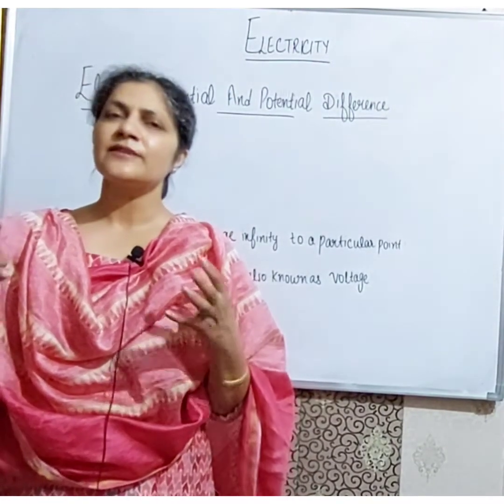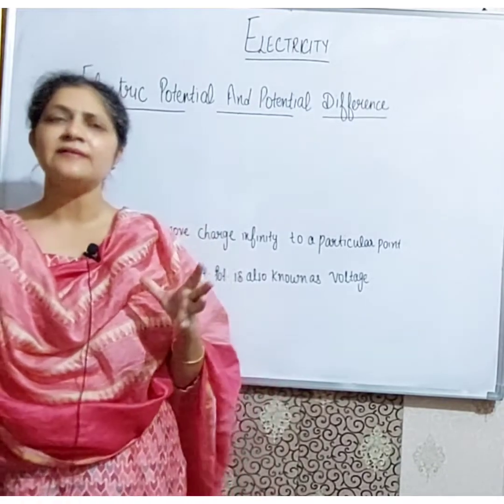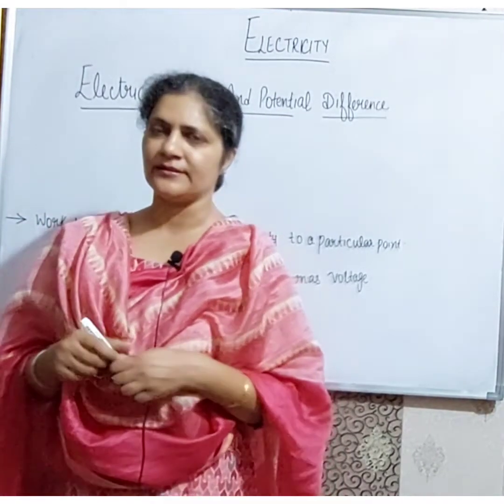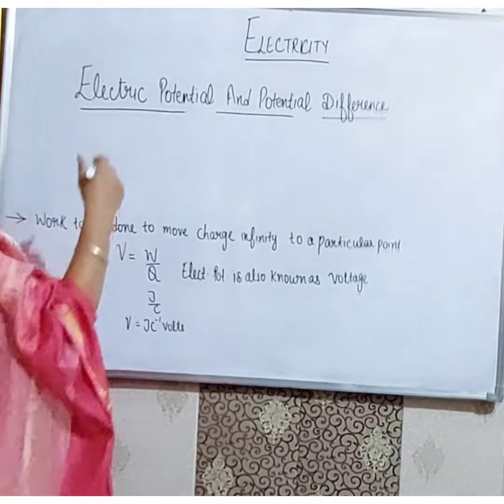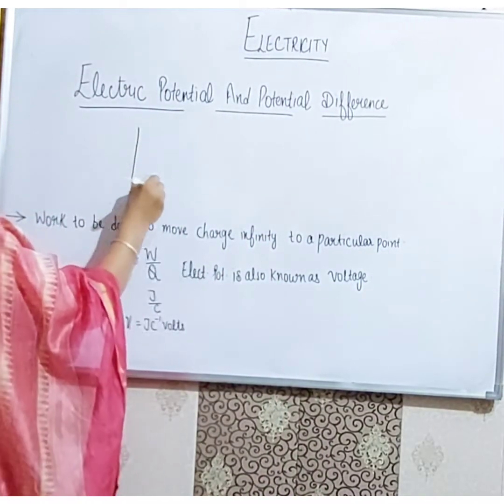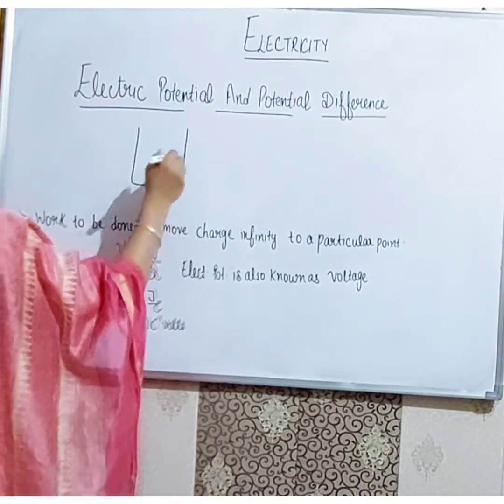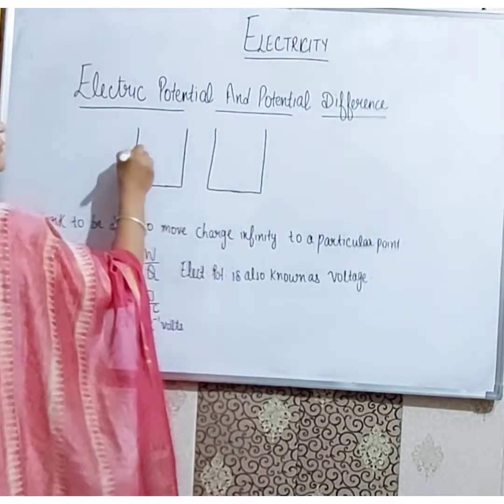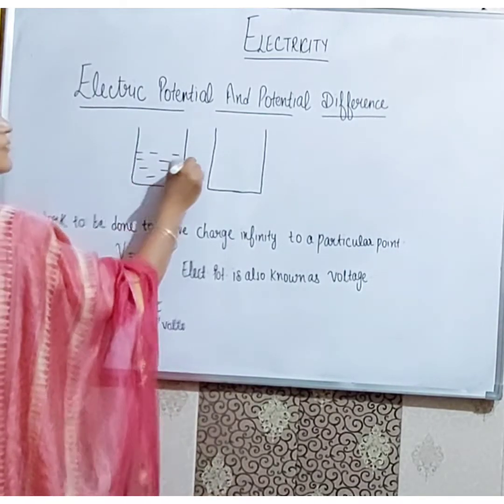For this, first of all, I will give you many examples to understand what electric potential and potential difference are. Students, suppose we have one beaker of water and we have another beaker of water. Both have the same level of water.